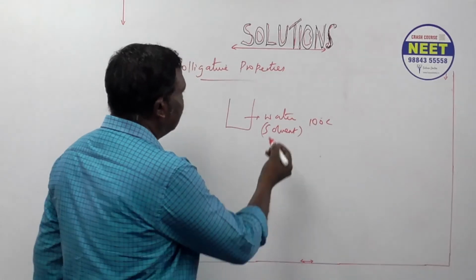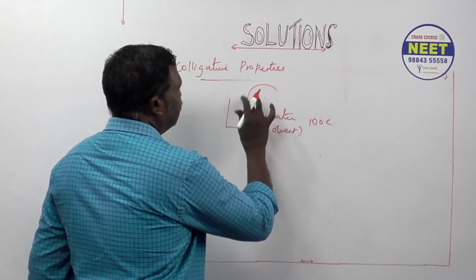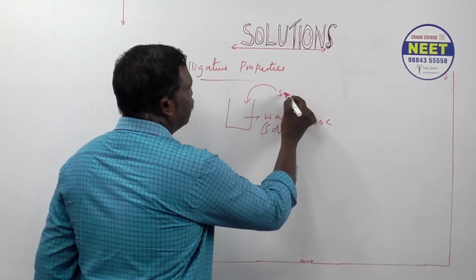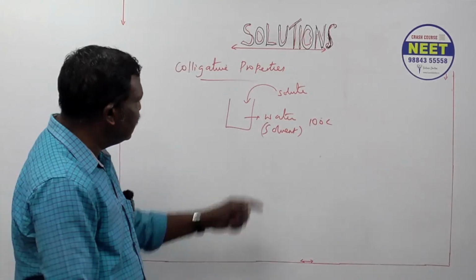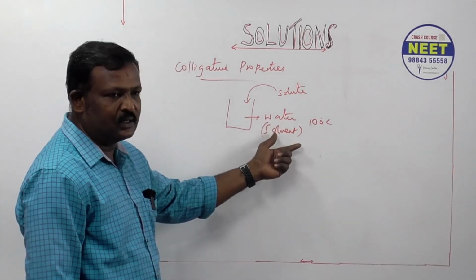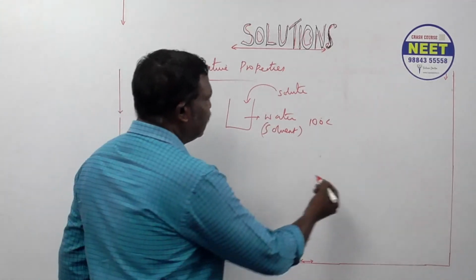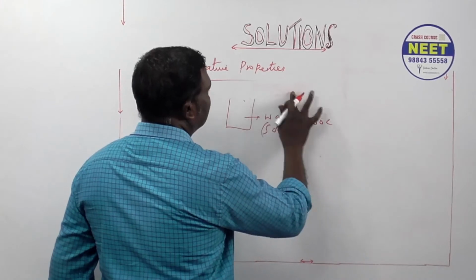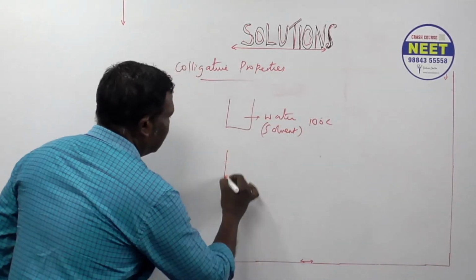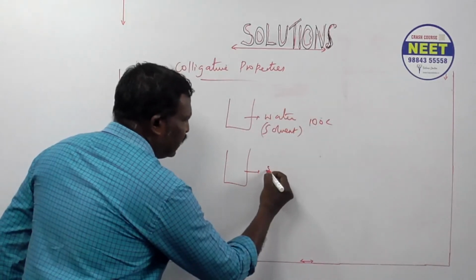Understood? Now if you add any solute, if any salt is present, it will not boil at 100 degrees Celsius. If you add solute to solvent, that is considered as what? Suppose I write it here: first I am taking only solvent.